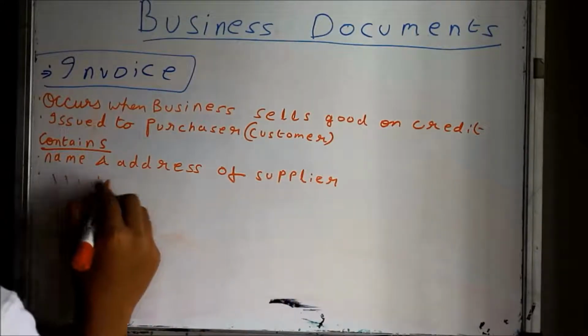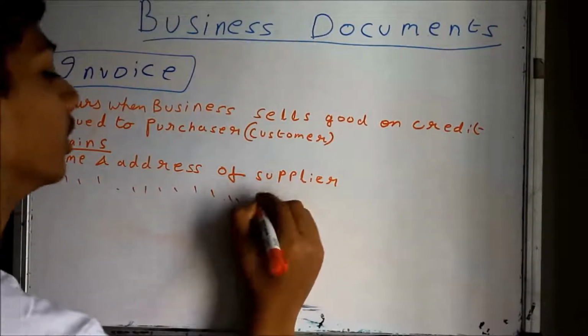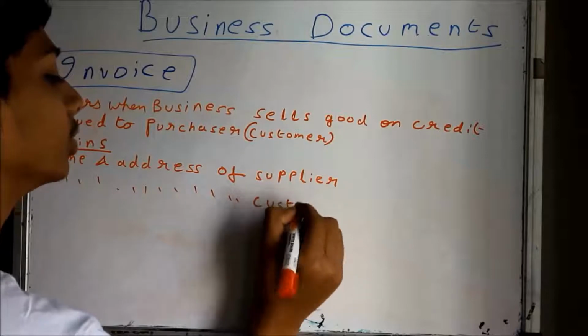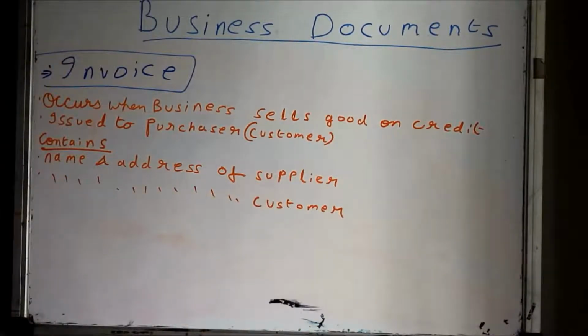I'm just going to put some dots over here to identify that, I'm not going to write the same thing over here. So, name and address of the customer is also written over here.